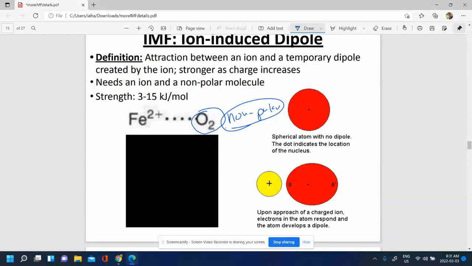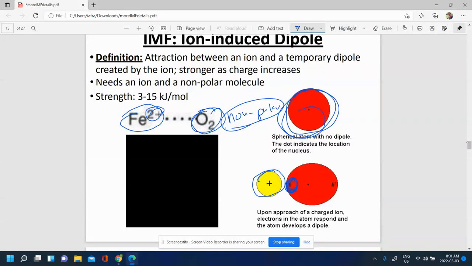But sometimes what happens is there'll be an interaction where an ion will come by, and because it's charged, it will cause electrons in a nonpolar one to shift one direction or another. So for example, if you have a positive ion come by, it'll pull the electrons in this nonpolar substance towards the positive ion, and that creates a little bit of a dipole that wasn't there before.